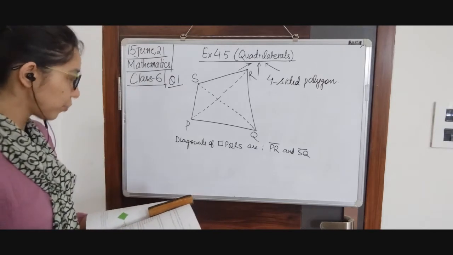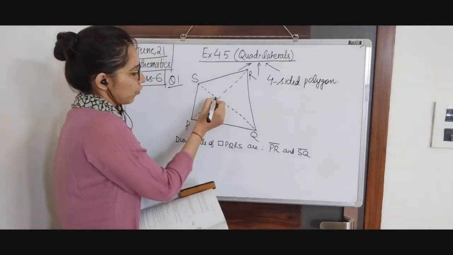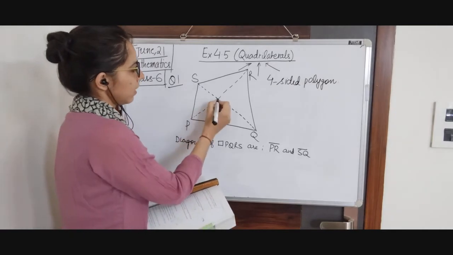Next is the meeting point of the diagonals. Now we have to find the meeting point of these diagonals. It is this point.